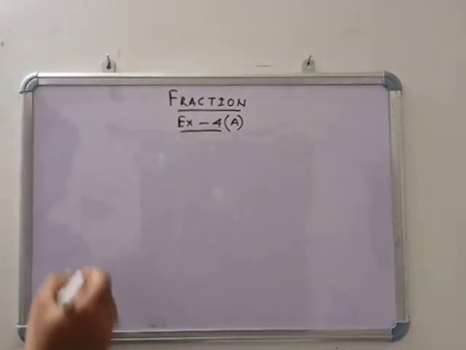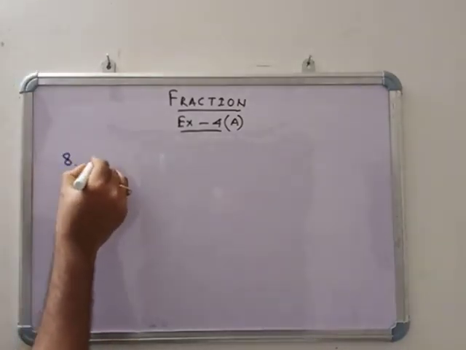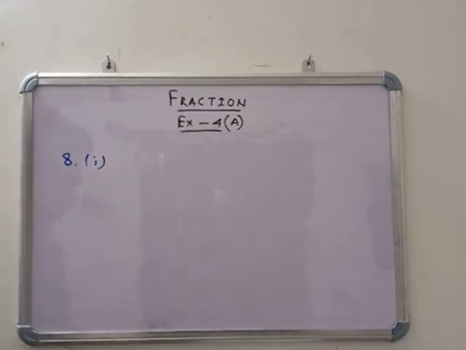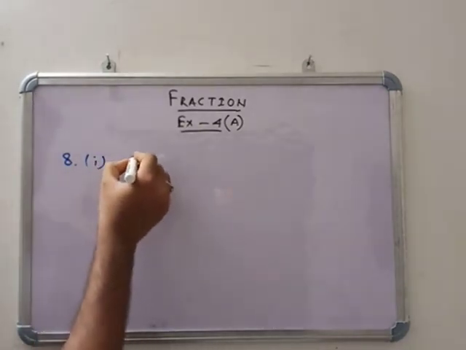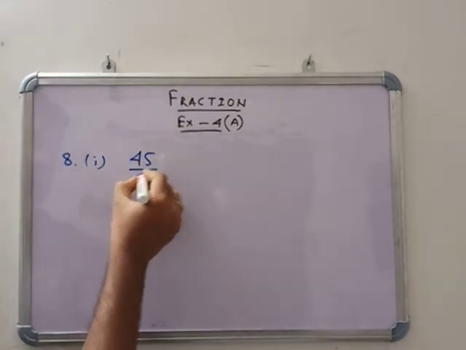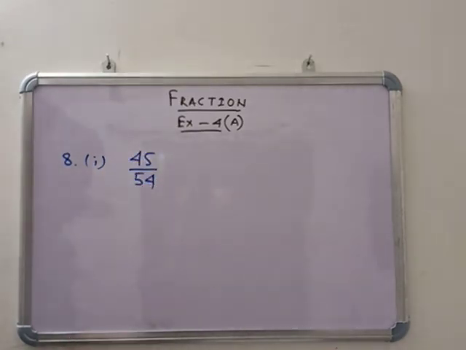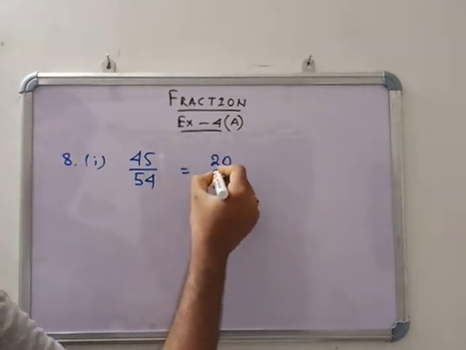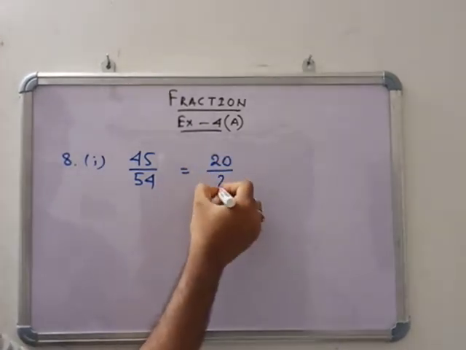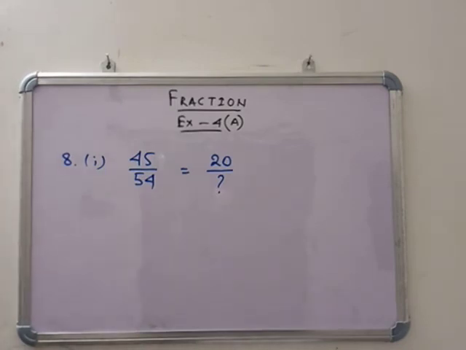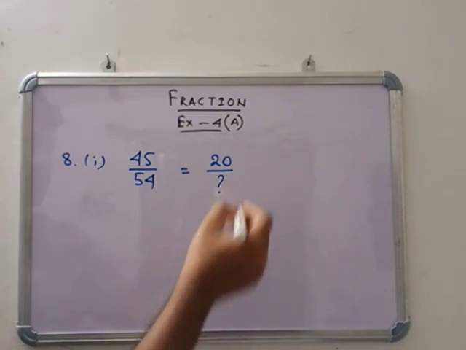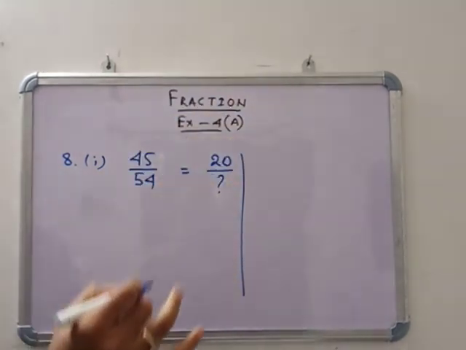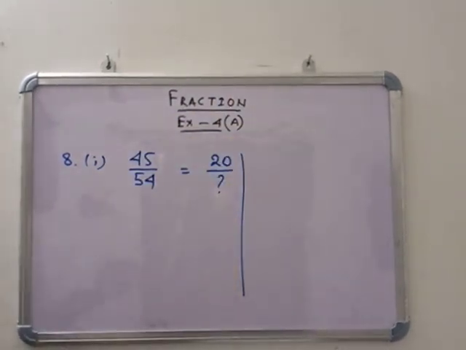Now in number 8, 8a1, a hint is already given, but I am telling you, 45 by 54 is given and the numerator is given 20. Okay. So you have to find this one. I am showing two processes, so you can choose by your own.